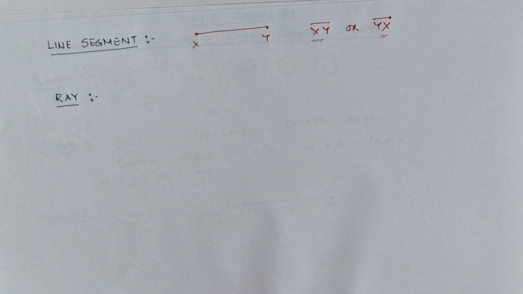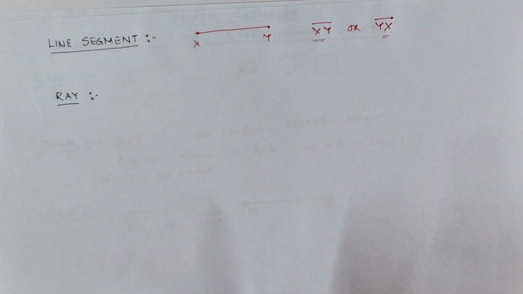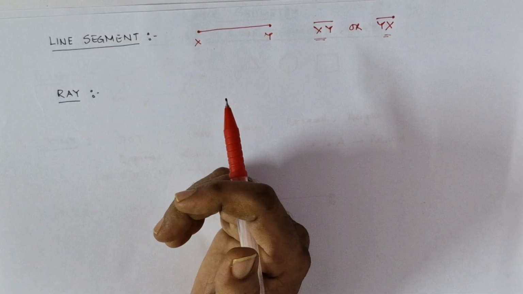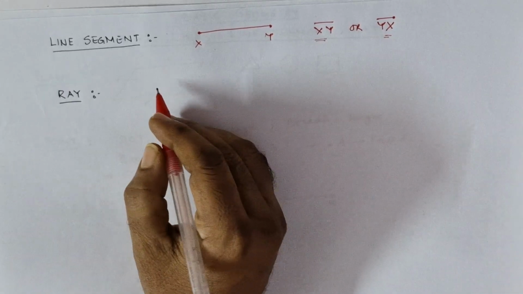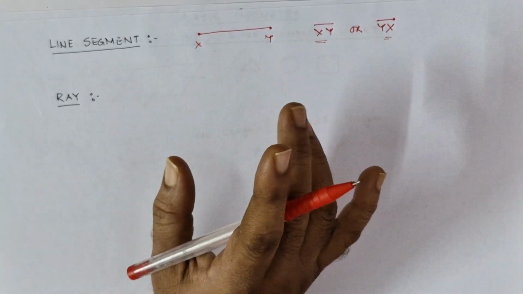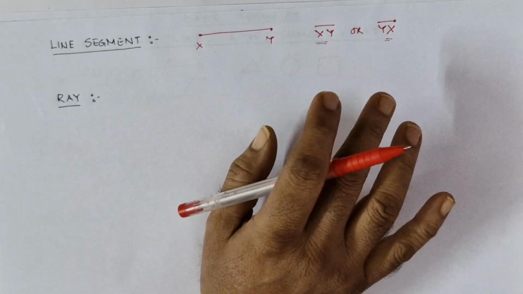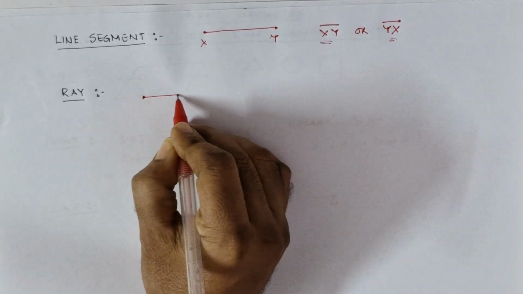So let's come to the last topic of the lecture, that is ray. You have seen sun rays, a ray from a bulb or a ray from a flashlight or a torch can be examples of ray. So a ray is a line extended infinitely in one direction only. A line means extended in both directions, but a ray I can represent in this way.